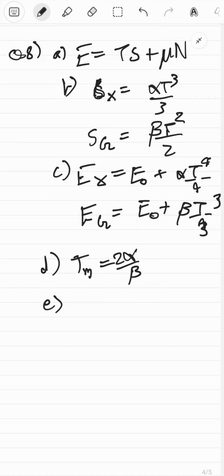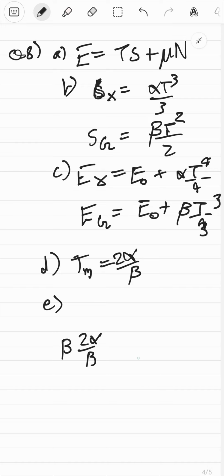So then the latent heat would just be like the heat capacity of whichever one is actually bigger. So I suppose Cg is bigger, so just beta times temperature, which is 2 alpha upon beta.